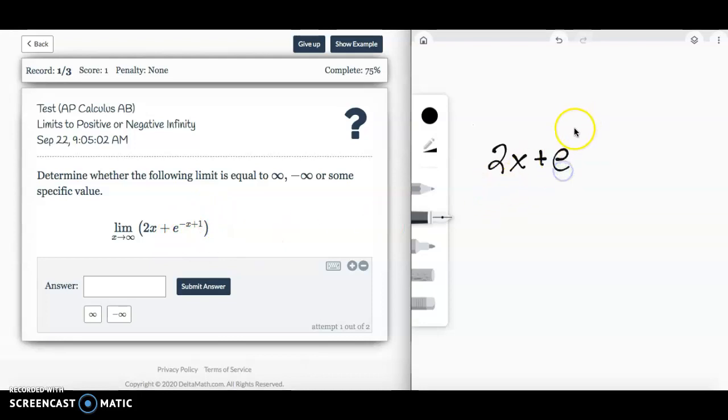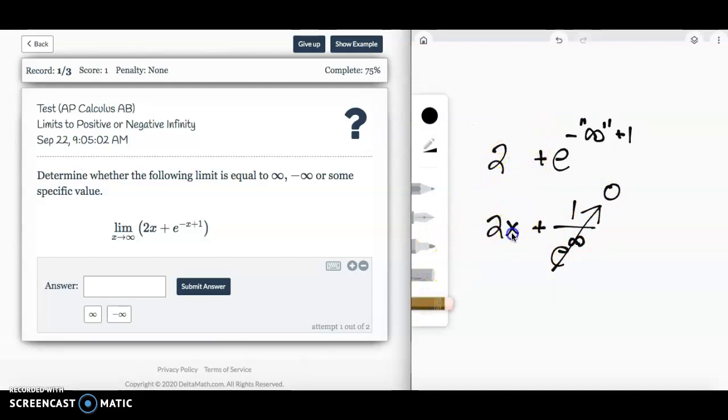If I have e to the negative infinity, quote, plus 1, this is e to a giant negative number, which is technically, when you have a negative exponent, 1 over e to the positive infinity. As the bottom of my fraction gets increasingly large, my whole fraction goes to 0. And I should still be using my infinity over here as well. So it still should be 2 times infinity, quote.